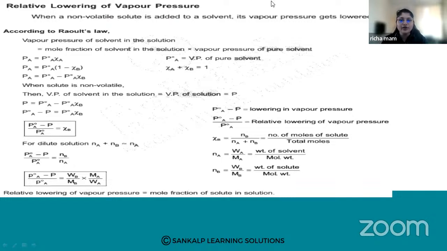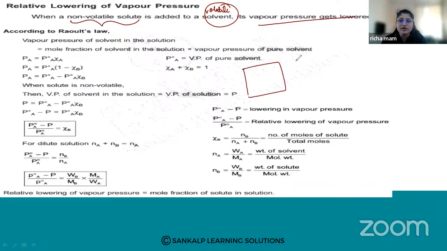Whenever you have a non-volatile solute and you add it to a volatile solvent, what will happen? The vapor pressure will get lowered.